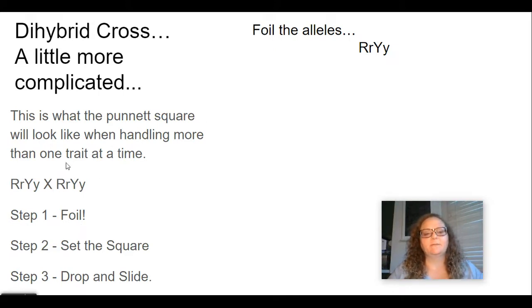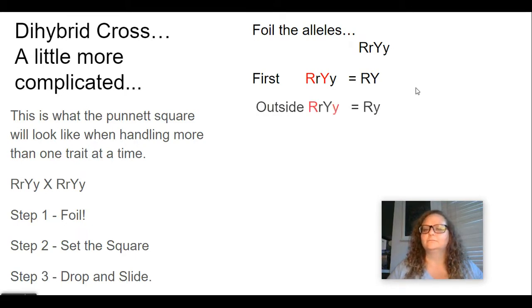So you guys are going to be looking at your first alleles. So take a parent. I've moved it over here just so you can see it. First, big R, big Y, that's our first alleles. So we would actually write down big R, big Y. This is going to become important in a minute. Our outer is this big R and our little y. See, there it is.